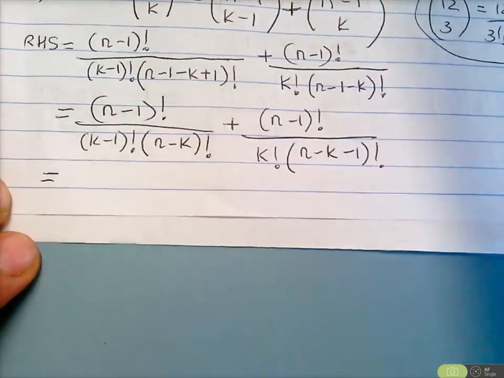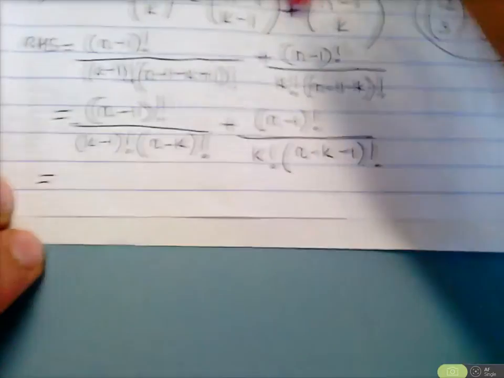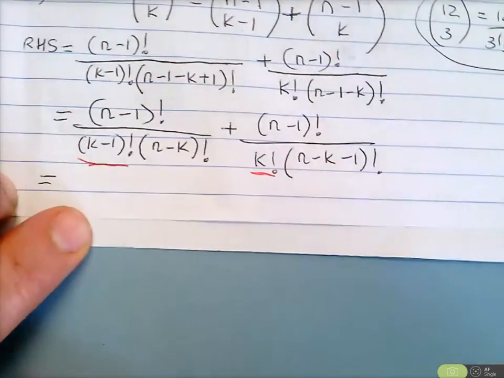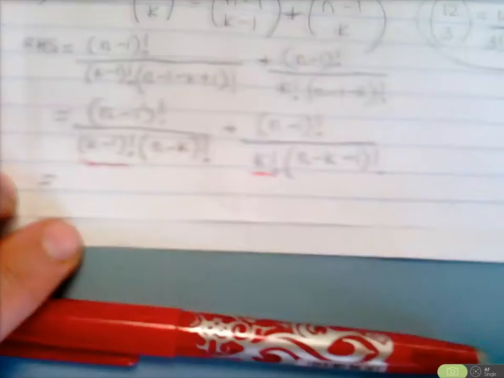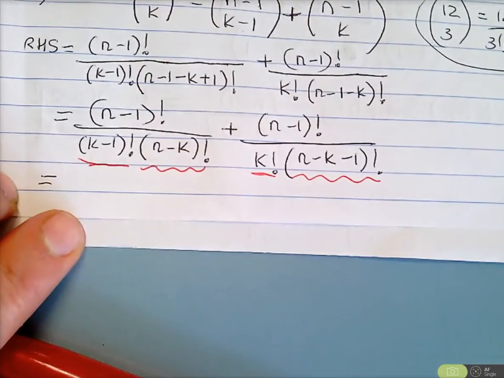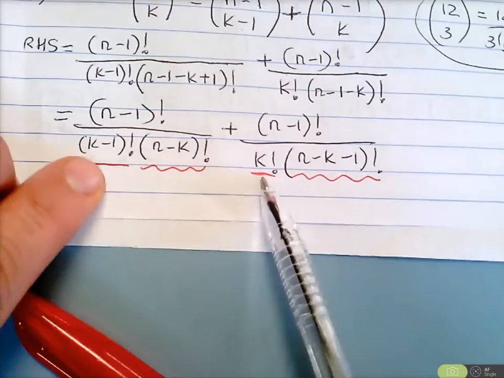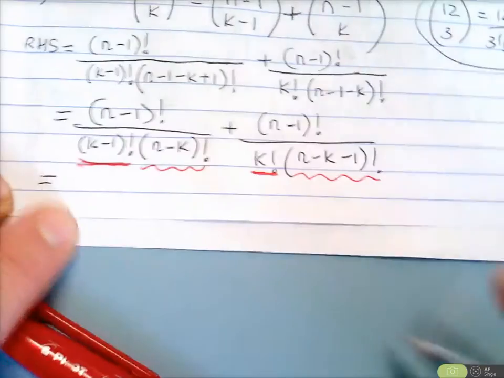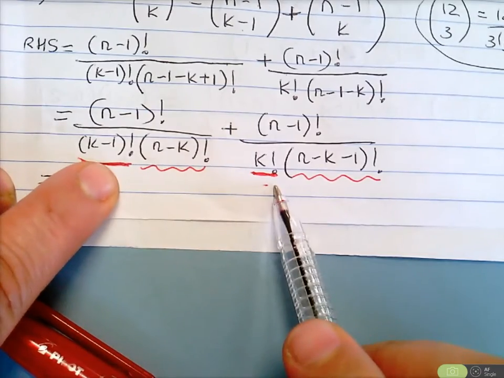So let's look at the groups. The k is associated with the k minus 1, they're partners. And the n minus k is almost the same as the n minus k minus 1. Looking at the underlines, what's bigger, k or k minus 1? k.